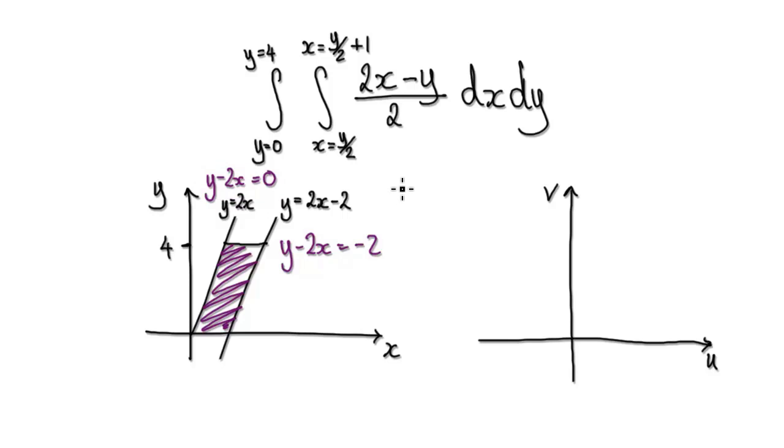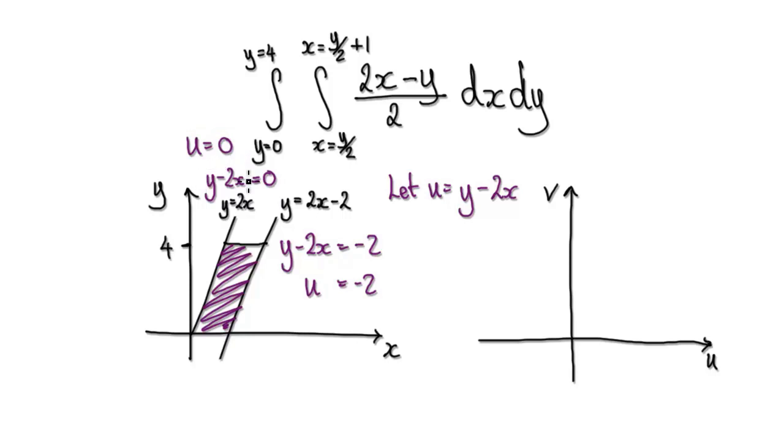So to make our change of variables, let u equals y take away 2x, and by making this substitution, this will become u equals -2. Look, this is a constant, and then this thing here will become u equals 0. See, this is a constant.